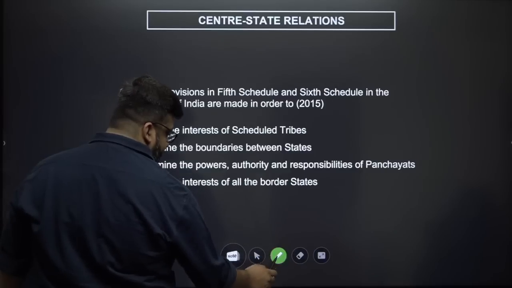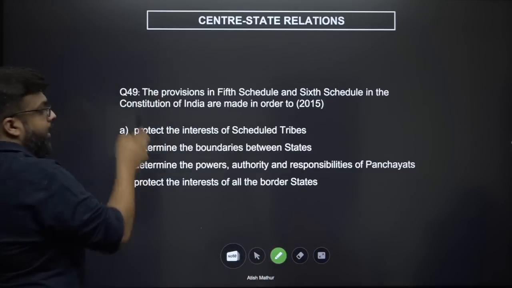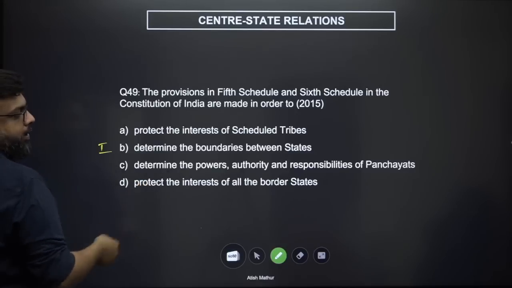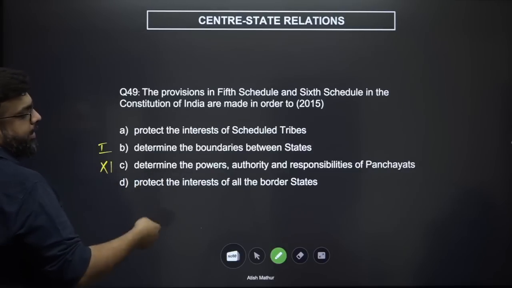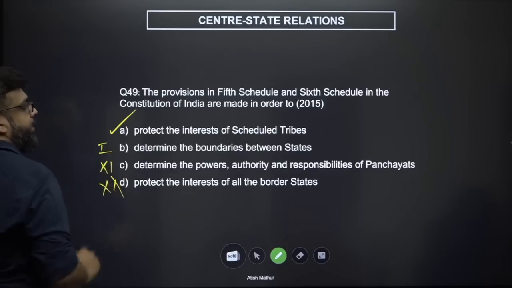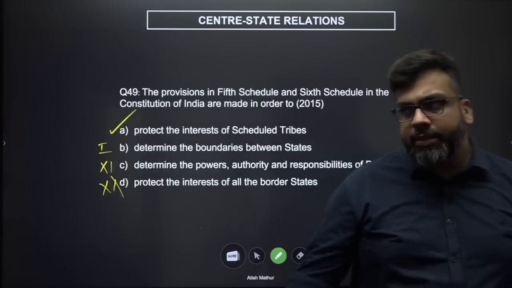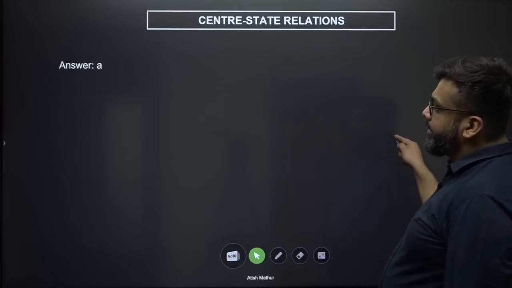Now, see, determine the boundaries between states is Schedule 1. Powers, authorities and responsibilities of panchayats is Schedule 11. Protect the interest of all border states: there is no specific schedule for the same. The only thing that you're left with is protect the interests of scheduled tribes. Simple elimination. You can't go wrong with a question like this.